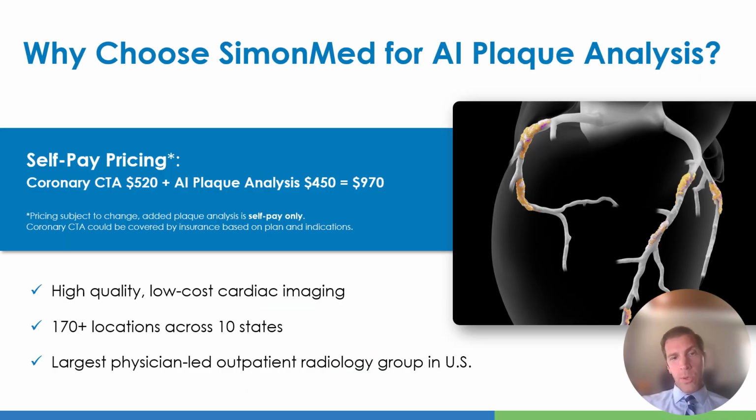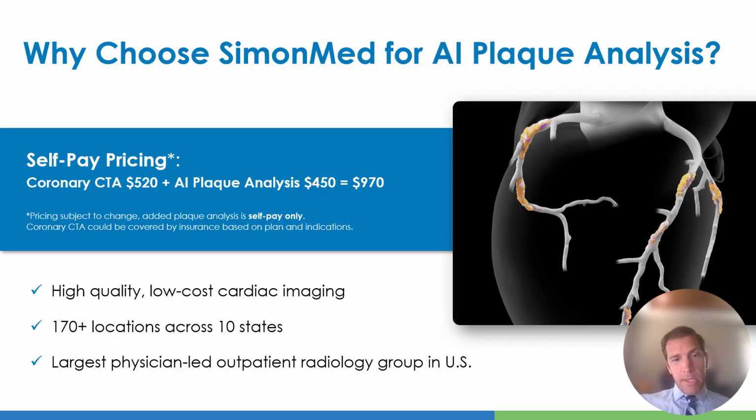So why choose SimonMed for this AI plaque analysis? Our value is, I think, very, very strong for both patients and providers. We have one of the most skilled, highly qualified cardiac imaging teams in the entire country. And so we provide very high quality cardiac imaging, rivaling tertiary medical centers at a very low cost.